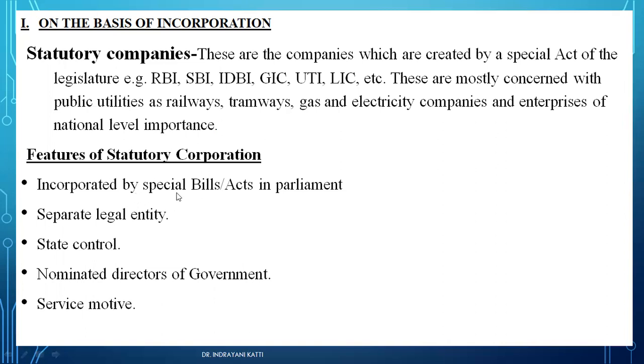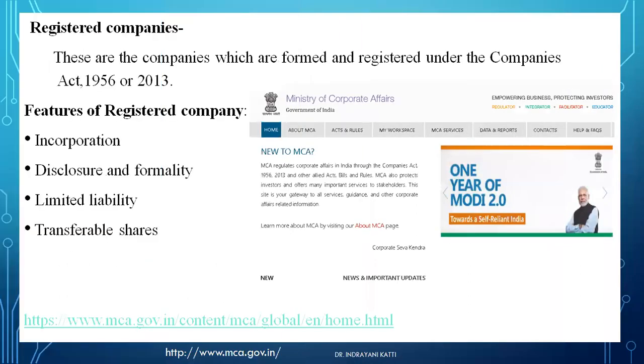These are incorporated by special bills or acts in the parliament. They have a separate legal entity, separate from the owners. There is state control, that is the government controls the affairs of these companies, and nominated directors of the government will be on the board of directors. And there is a service motive: the main purpose is not to earn profit but to render services to the public.